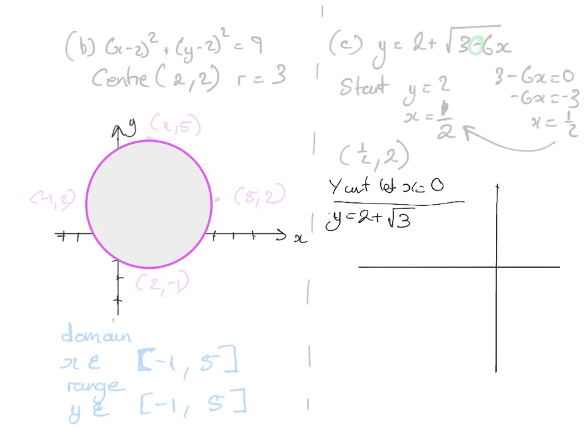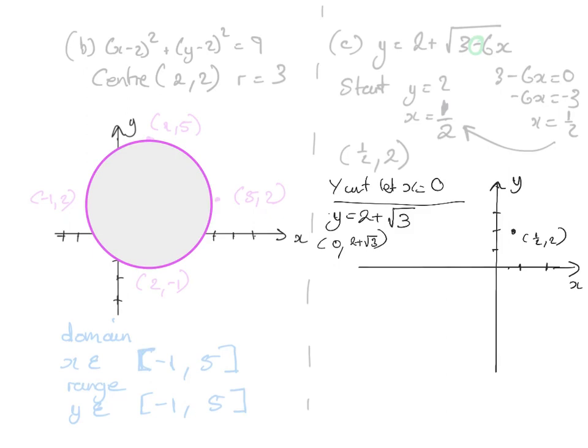So what does that look like for us? Well, 1, 2, 3, there's my y. Okay, there's my x. So my starting point, which is 1/2, 2, is that point there, when x is 1/2, y is 2. And then my y-intercept is 0, 2 plus root 3.